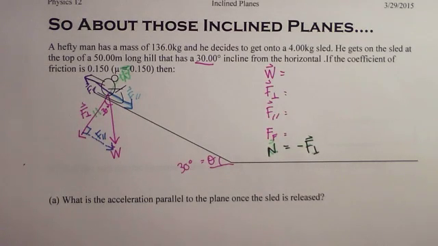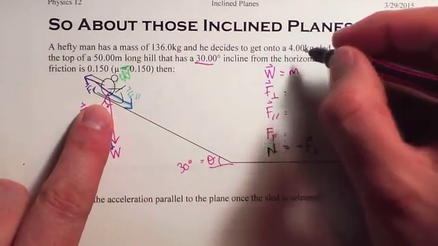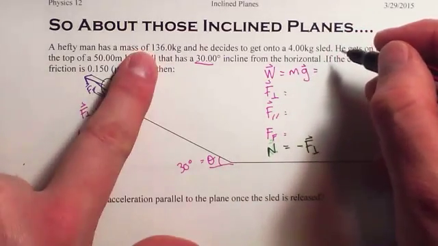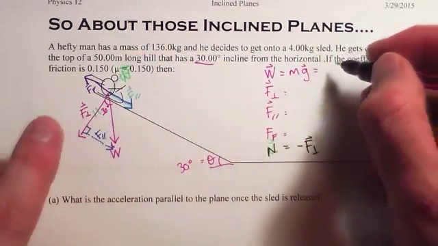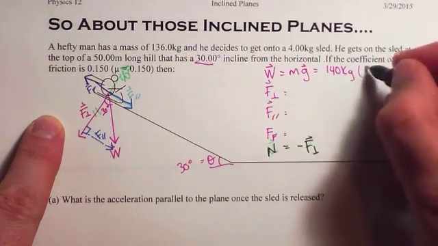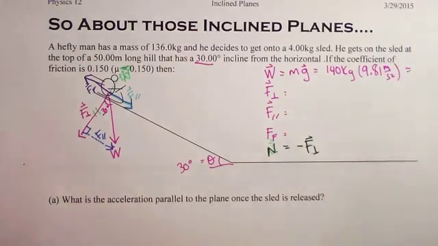Now what we need to do is go along and actually solve for these. So weight is simply the mass of the object, in this case the sled plus the man, times acceleration due to gravity. So that's 136 kilograms plus 4 kilograms, that's 140 kilograms, times acceleration due to gravity, 9.81 meters per second squared.